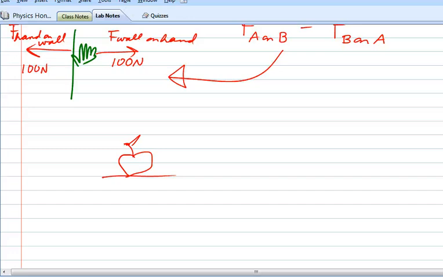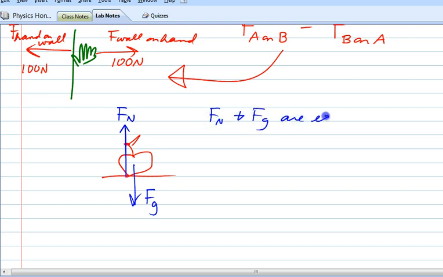What forces are acting on this object? We have the force of gravity and we have the normal force. This is the thing that really gets people. These forces appear to be equal and opposite, right? The normal force and the force of gravity are equal and opposite.